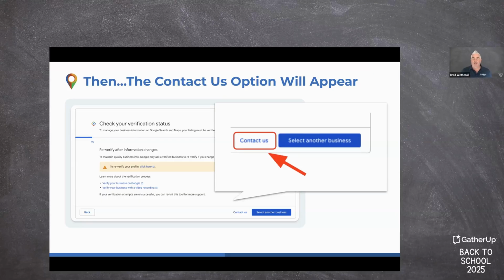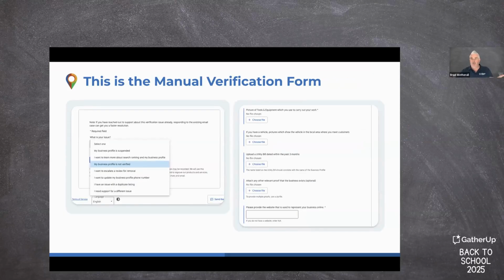When you click on that contact us button, it actually takes you to a form where it requests the information that Google requires to do an offline review of that listing. So you just tell them that you're trying to get your profile verified. It gives you a list of opportunities to upload information, pictures of the tooling, equipment.